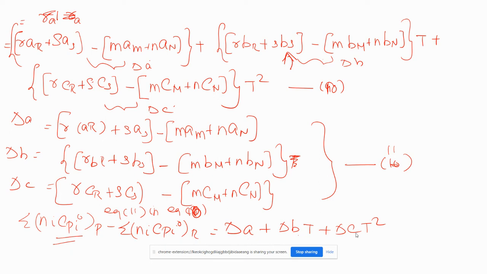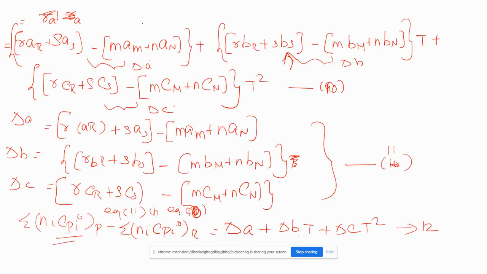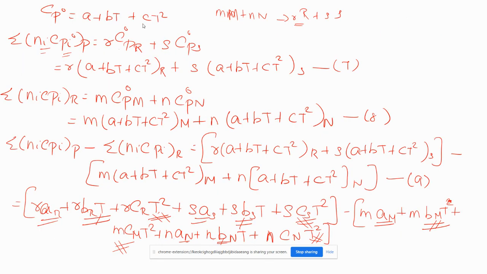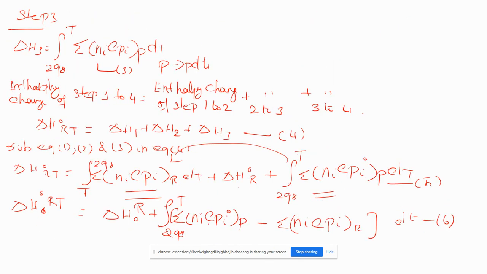So this is equation 12. Substitute 12 in equation 6. So which is equation 6 here. Now for this you have to substitute del A plus del B t plus del C t square.